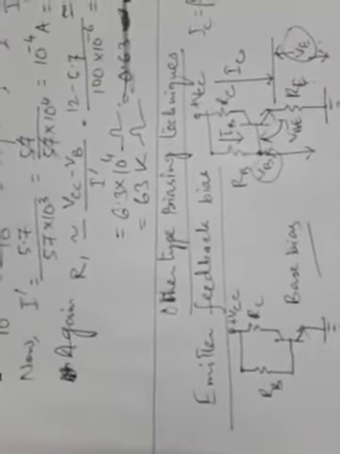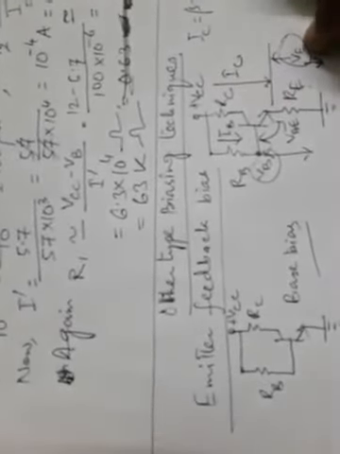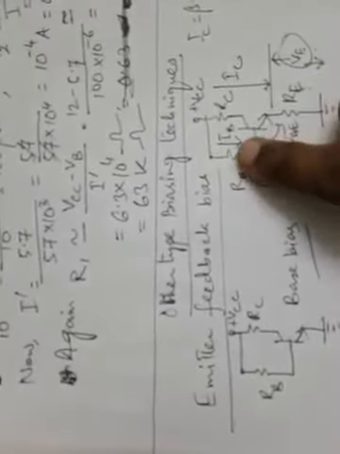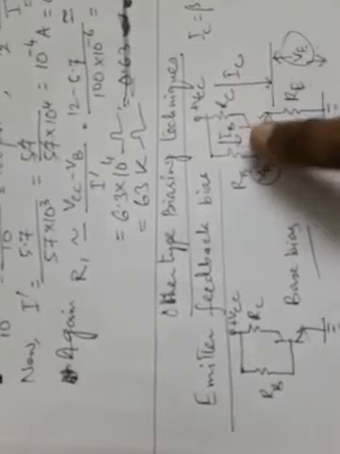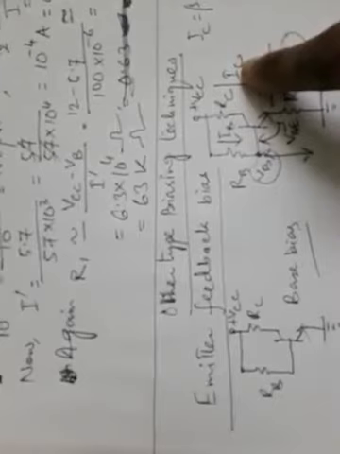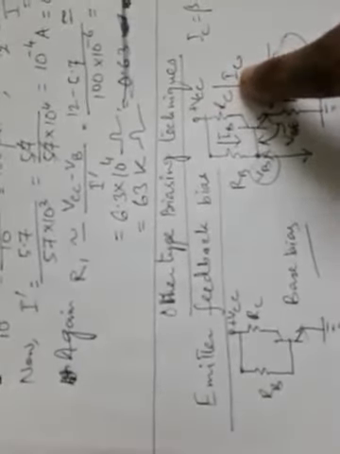This phenomenon is called feedback, because a change in the emitter voltage, that is VE, caused by the conduction of IC, is being fed back to the input base circuit in such a way that IB will control the flow of IC. That means the decrease of IB will try to stop the increase of IC, and thereby we can say this is the effect of feedback.